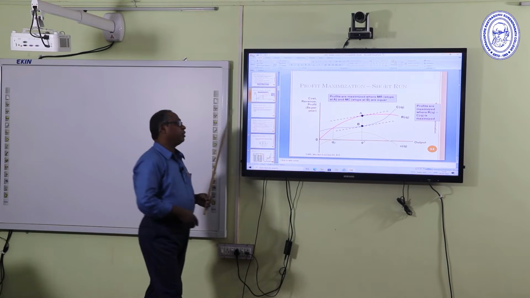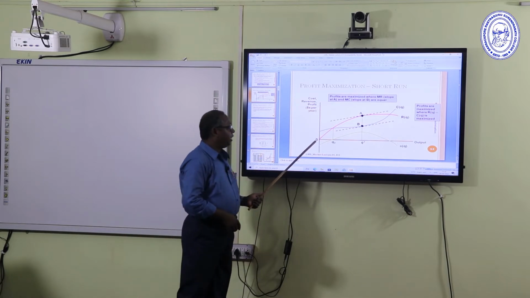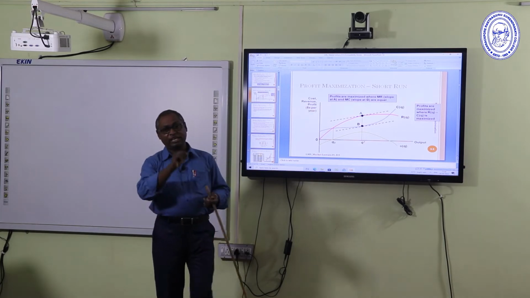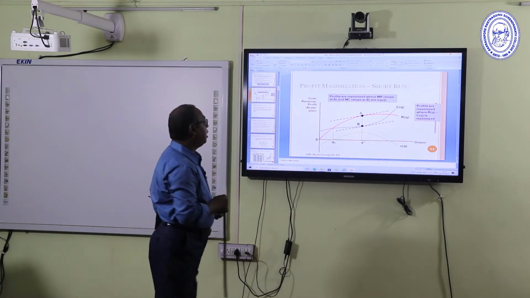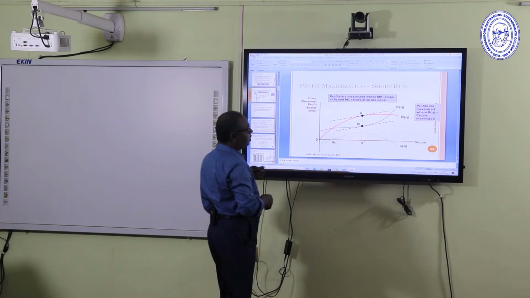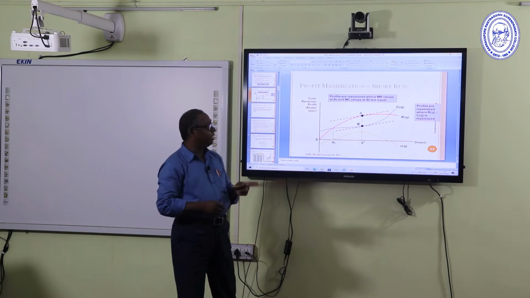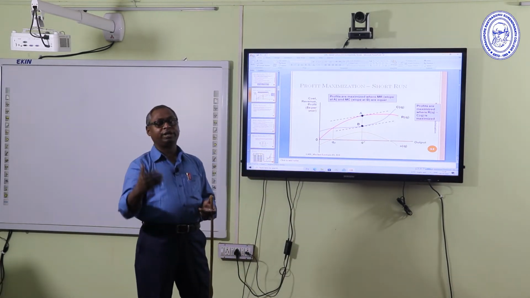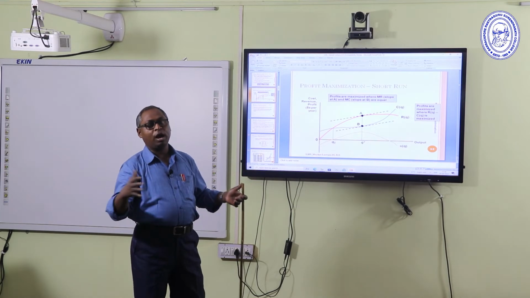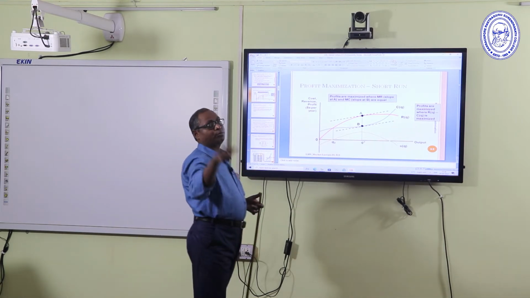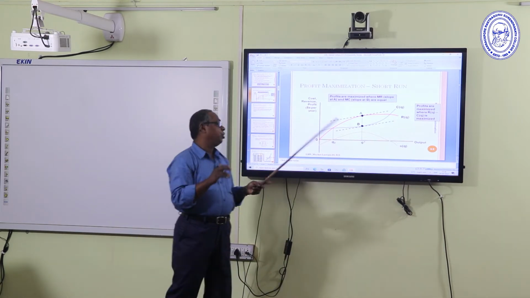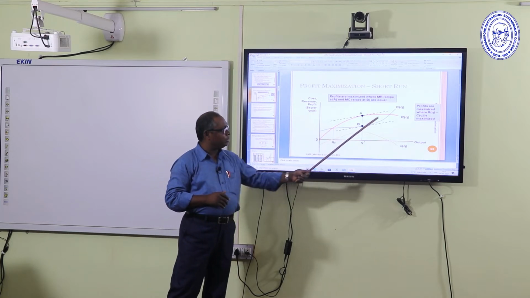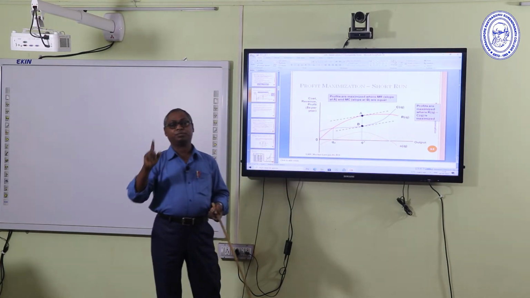Here, the pink one is the total revenue curve, which is increasing with increasing output, because here we know the price is fixed. So if I want to get more and more revenue, I have to sell more and more output. Again, the total cost curve has a particular shape, it's inverted U shaped. Why?